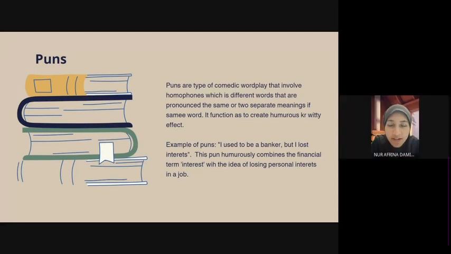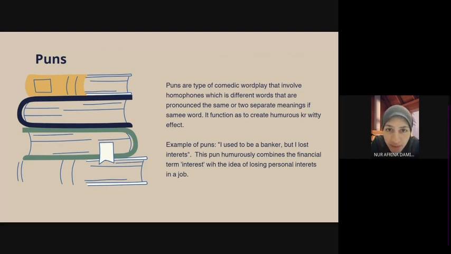What I understand is puns are a type of comedic wordplay that involve homophones, which are different words that are pronounced the same, or words with two separate meanings, whose function is to create a humorous or witty effect. For example, I used to be a banker, but I lost interest.